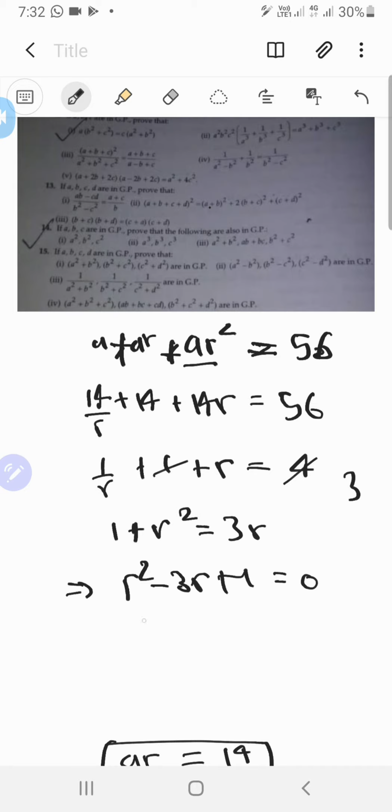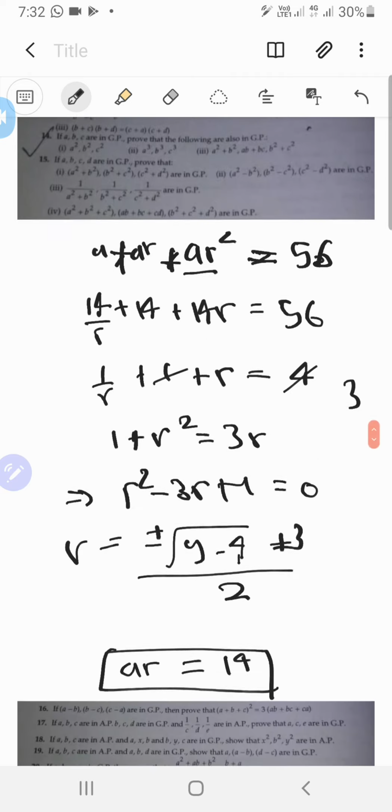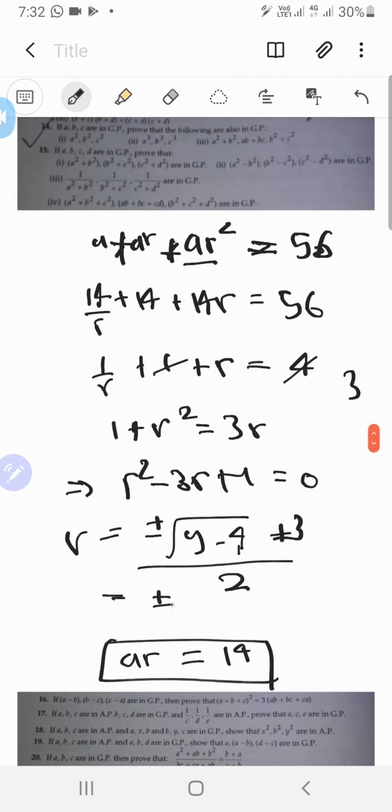Let's see if this is having some roots. So R equals plus minus root b squared, which is 9 minus 4, plus 3 upon 2, which is plus minus root 5 plus 3 upon 2. Okay, that kind of does work. So yes, both roots multiply to 1.